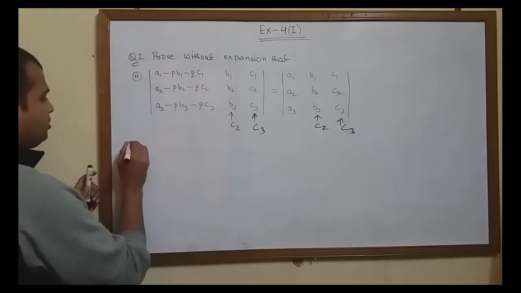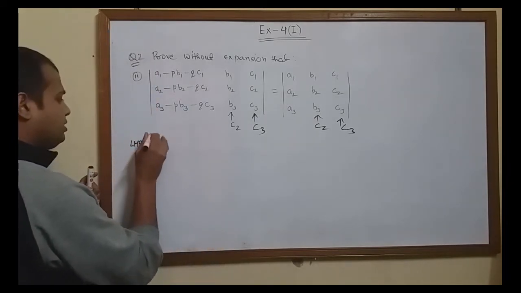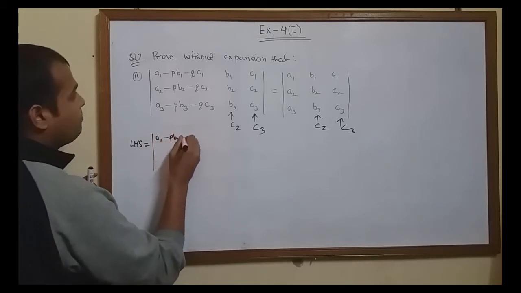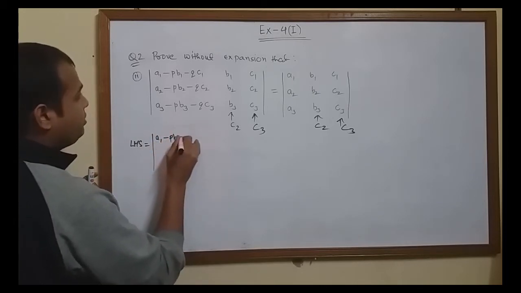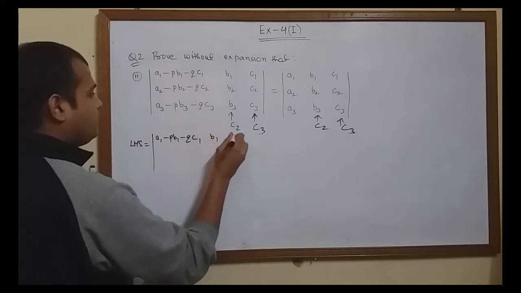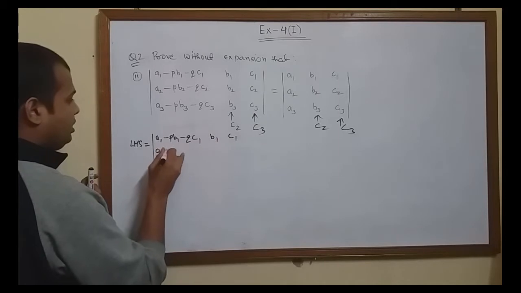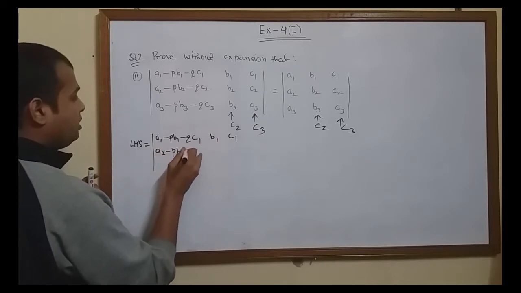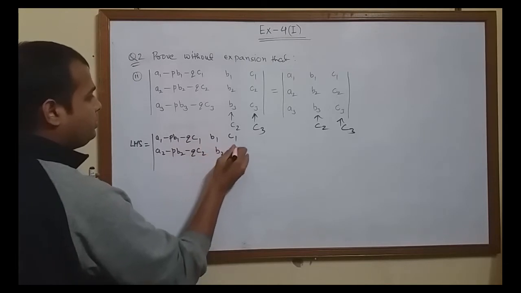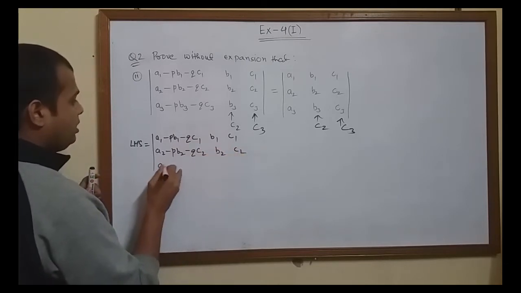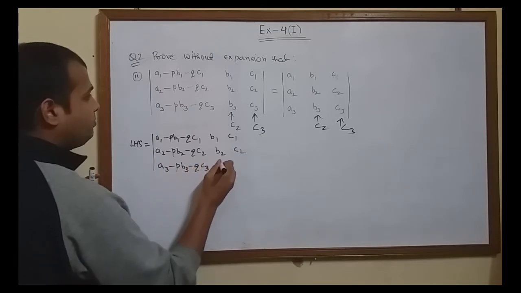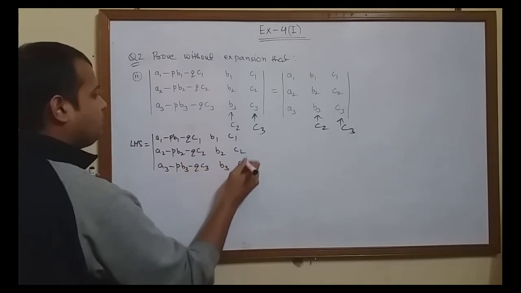So the left hand side is equal to the determinant with first column a1 minus pb1 minus qc1, a2 minus pb2 minus qc2, a3 minus pb3 minus qc3, and b1, b2, b3, c1, c2, c3.